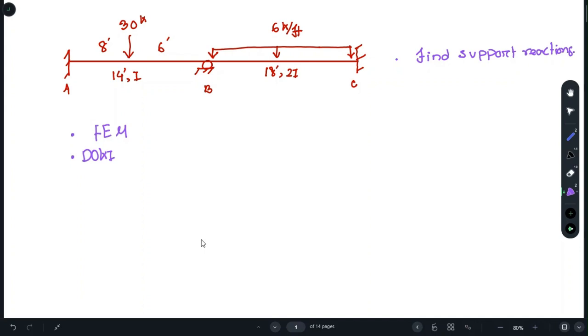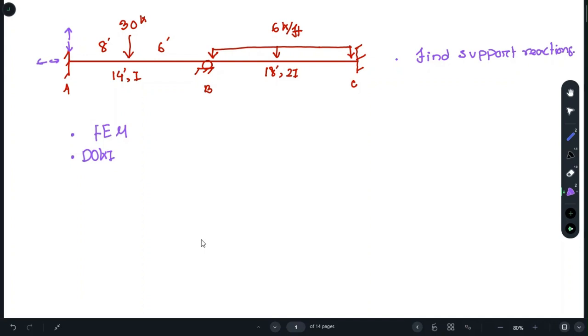Here you can see in support A, you cannot shift it in X direction, you cannot shift it in Y direction as well. And you cannot produce any rotation here because it's a fixed joint. So no Doki can be applied.